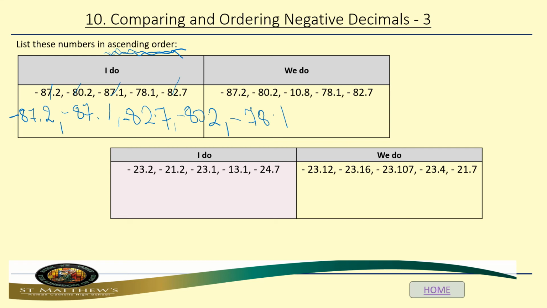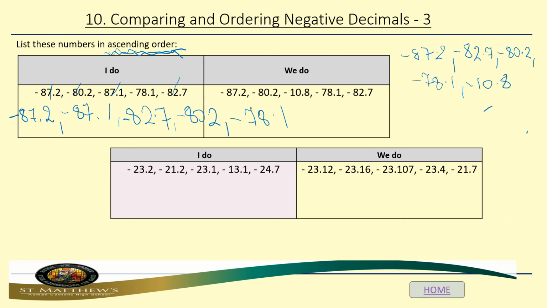Okay, what you should have is first minus 87.2, then minus 82.7, then minus 80.2, then minus 78.1, and the largest one is minus 10.8.